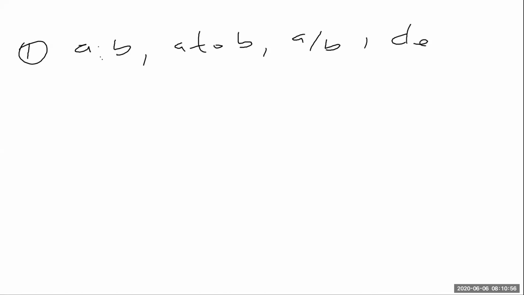So we've looked at the various ways we can write ratios, and we realized that you can do A is to B, A to B. And we looked at it as a fraction, A over B, and then finally as a decimal.